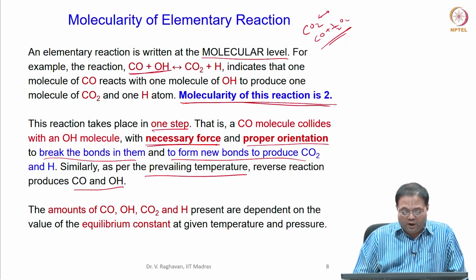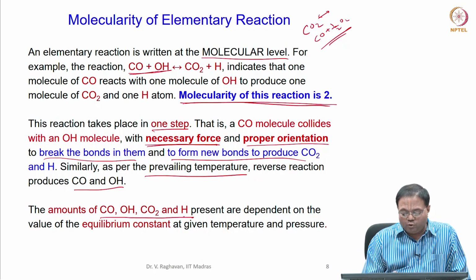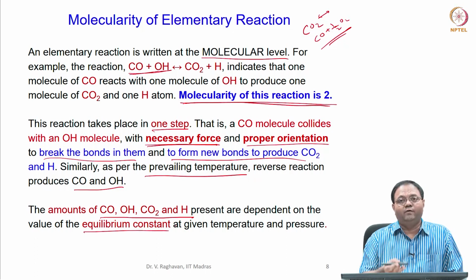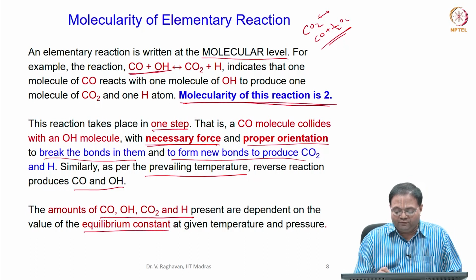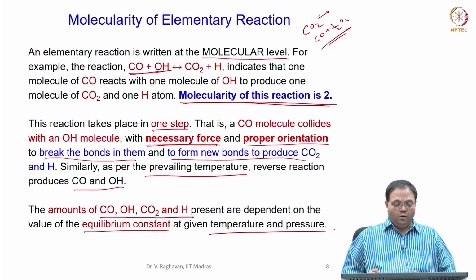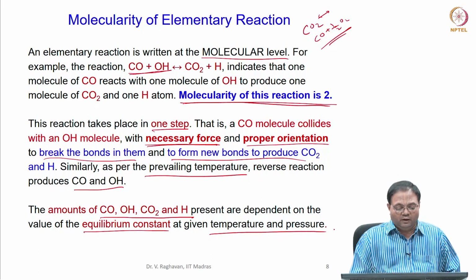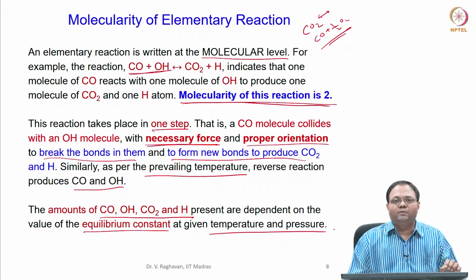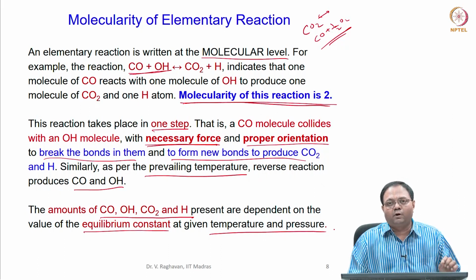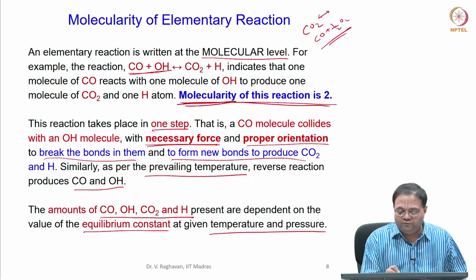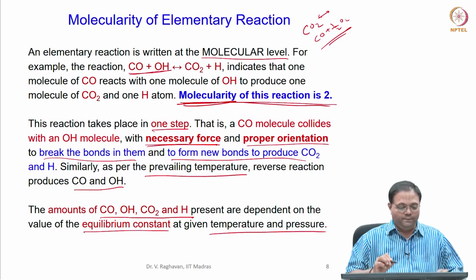The amounts of CO, OH, CO2 and H present depend on the equilibrium constant which we have calculated, which is again a function of temperature and pressure. So, this elementary reaction can occur in a single step. It is a reversible reaction, and based upon the number of molecules participating in the reaction, its molecularity is defined.